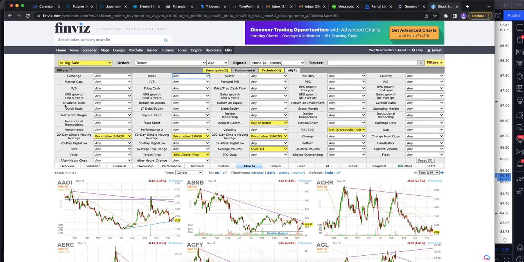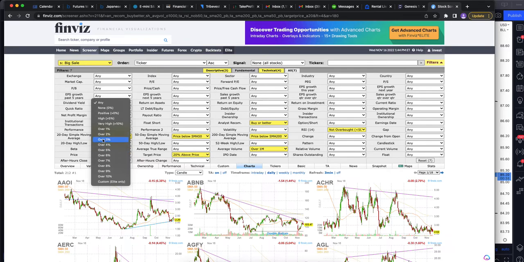I'm not sure if you have anything for dividends. So you want to look at dividends. Definitely make sure you filter this so you can make sure that the dividend yield is something that's interesting for you. You could easily filter that according to the dividend yield.